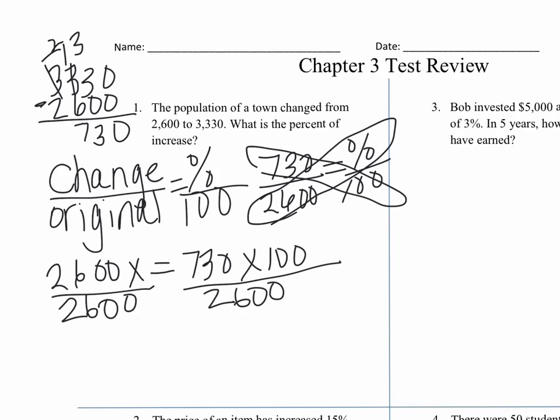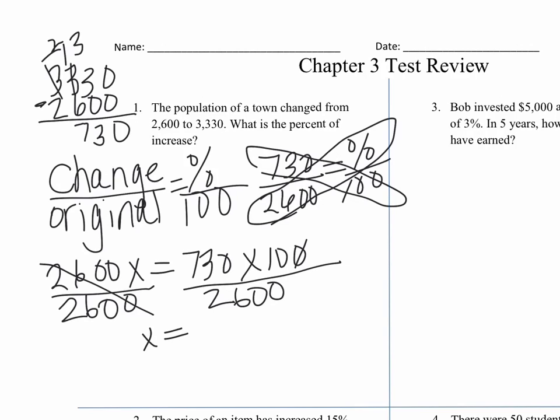Now the problem that you need after you mark out the 2,600 over 2,600 is 730 times 100 over 2,600. You can simplify this by taking one zero top and bottom of each until you run out of zeros.